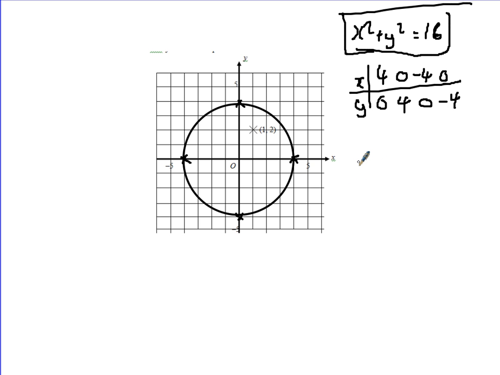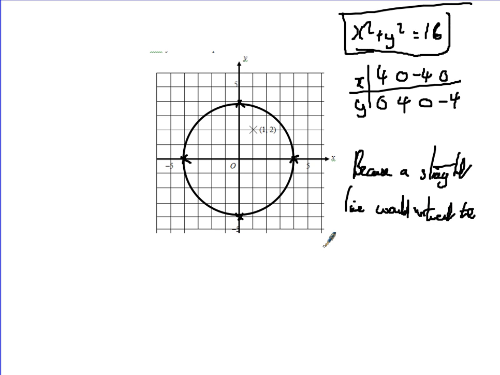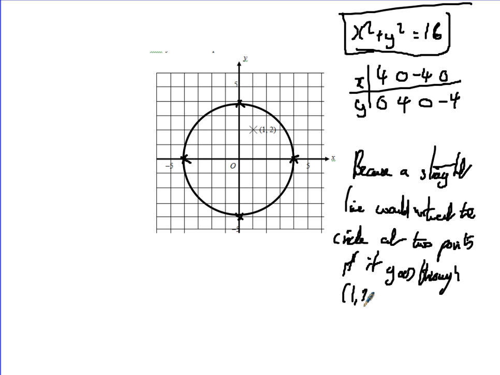Because a straight line would intersect a circle at 2 points if it goes through (1, 2).